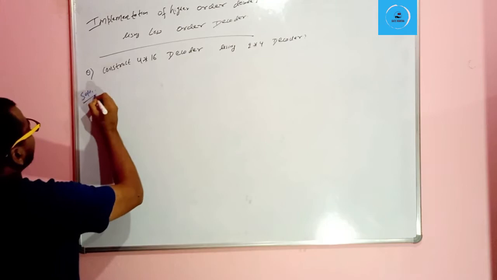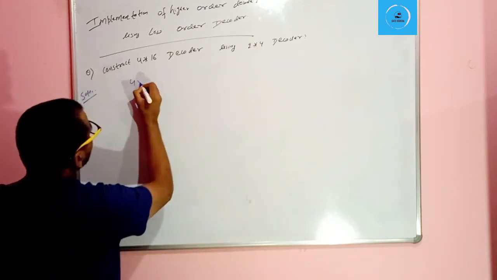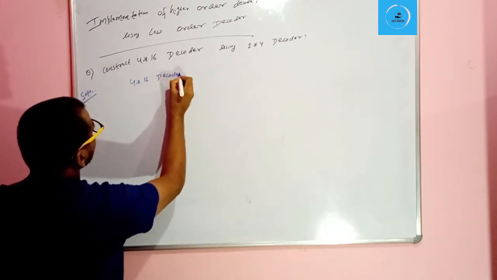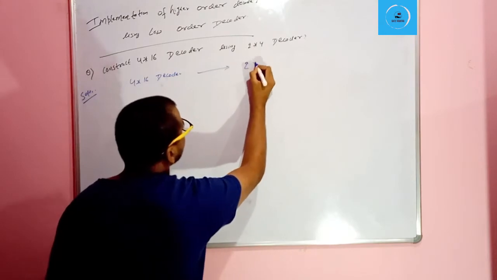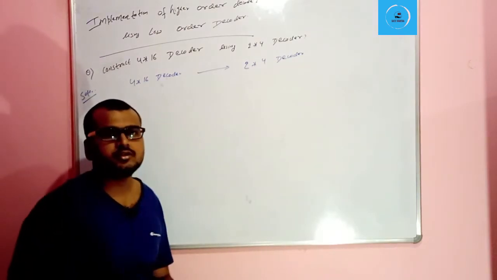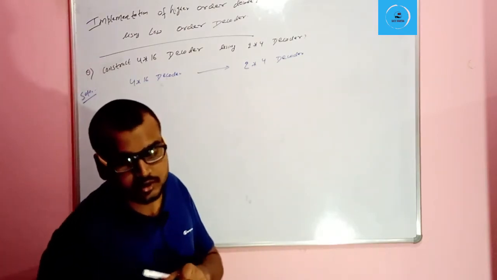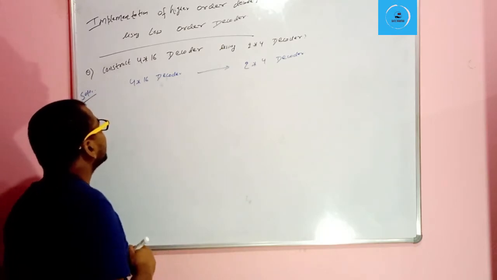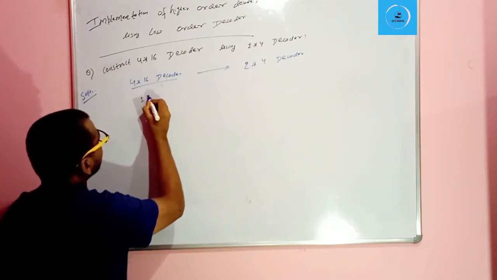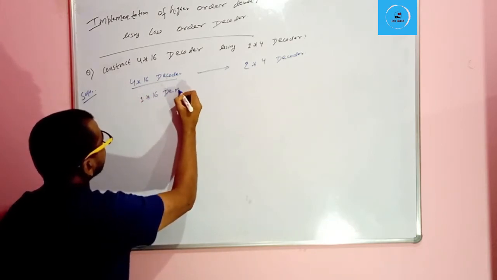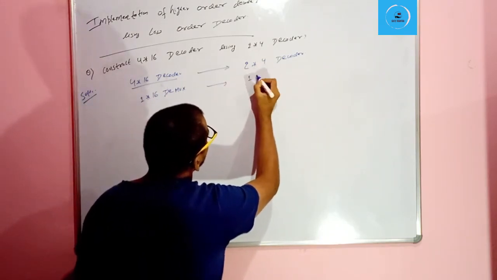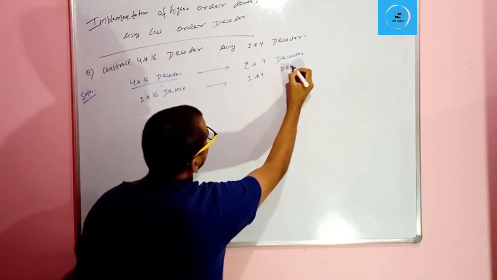To solve this type of problem, first we will write the 4:16 decoder using 2:4 decoder, and we know that the internal structure of the decoder and the demux will be the same. So we will write this 4:16 decoder as a 1:16 demux, and we can write this 2:4 decoder as a 1:4 demux.